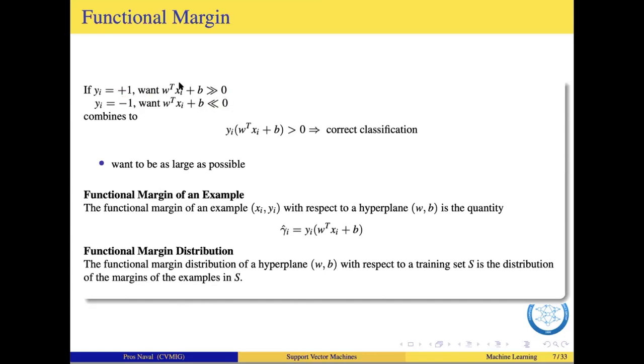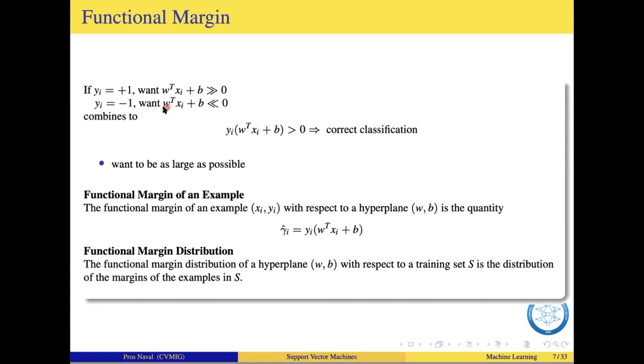Now, you can actually combine these two in this manner. For example, yi is positive here, and then we want it to be very much greater than 0, which means this quantity is also positive.